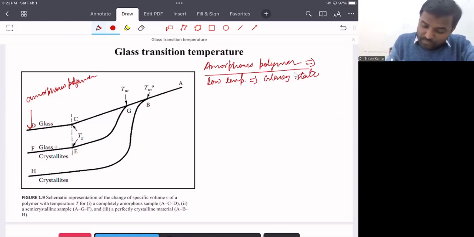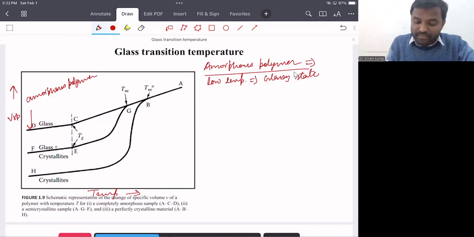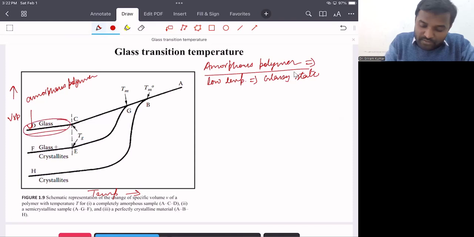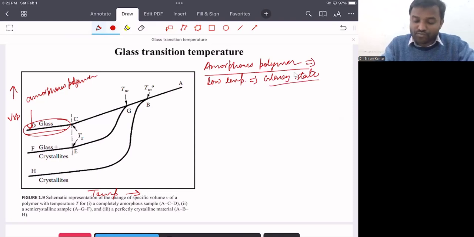Here this plot is between temperature and the specific volume of that polymer. If we monitor the change in specific volume with temperature, at very low temperature the amorphous material is in the glassy state, that is, in frozen form.